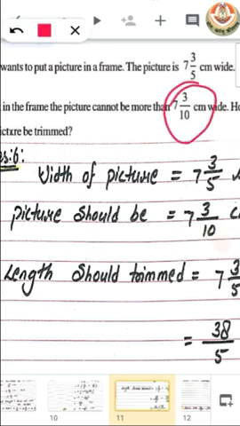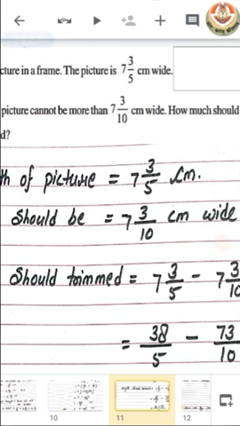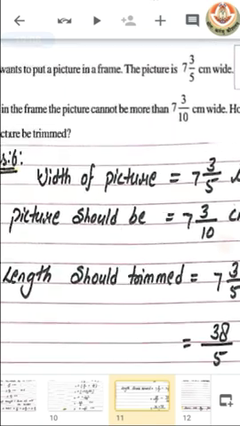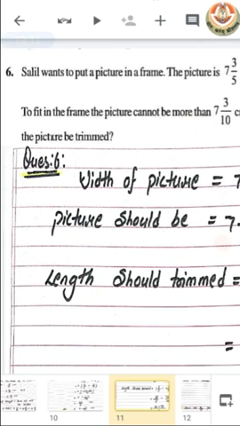That means the frame's width is 7 3 by 10, whereas the width of the picture is 7 3 by 5, which is more than 7 3 by 10. So we have to trim the picture. So the question is, how much should the picture be trimmed?